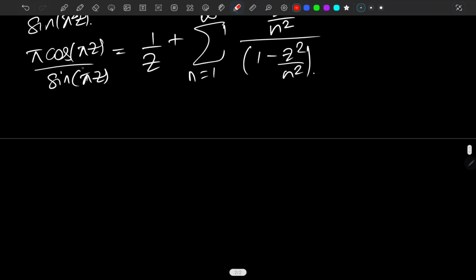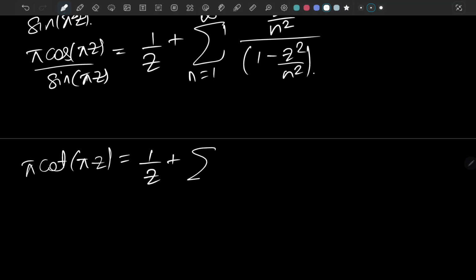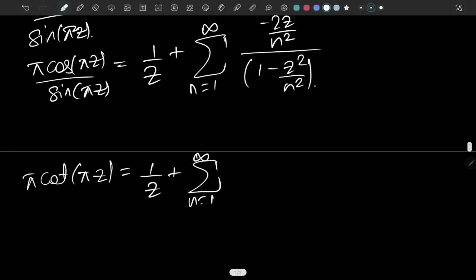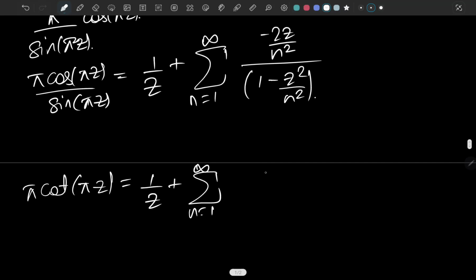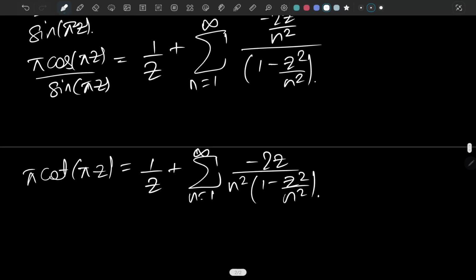So here cosine of pi z over sine of pi z is cotangent of pi z, along with pi multiplied to this, and we are left with 1 over z plus the sum as n goes from 1 to infinity of negative 2z over n squared times 1 minus z squared over n squared. Fine.